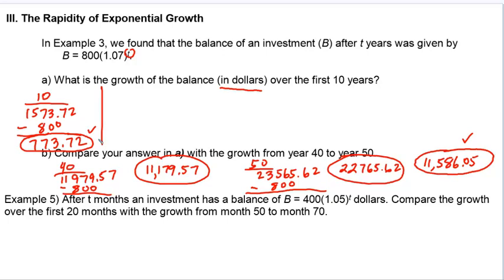11,586.05 divided by 773.72. So it's about 15 times greater. So this number is almost 15 times greater than the 10-year growth.